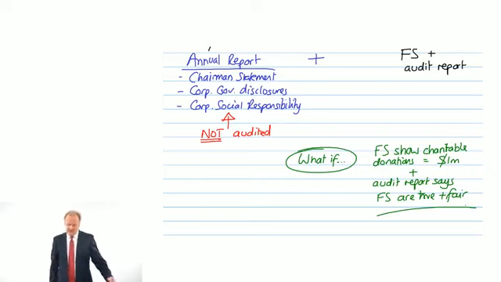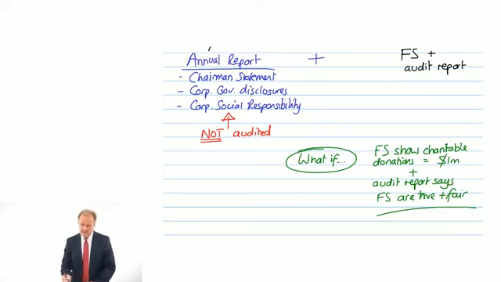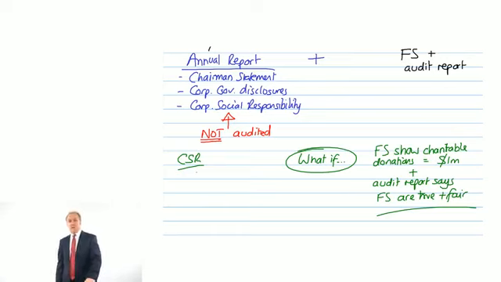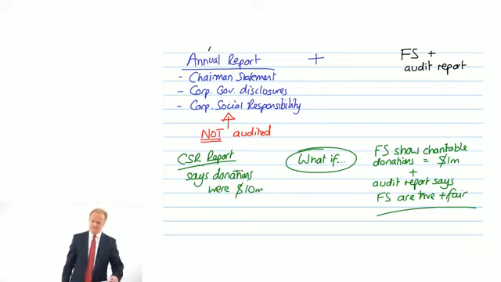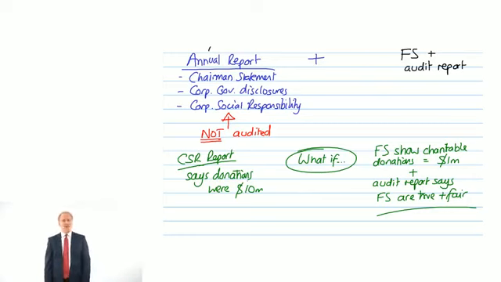But charitable donations are also going to appear in a corporate social responsibility report. And what if the company's CSR report says donations were 10 million? We have got ourselves a little bit of a problem. The accounts which we have audited are fine.